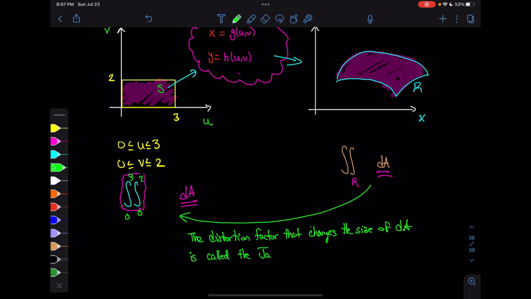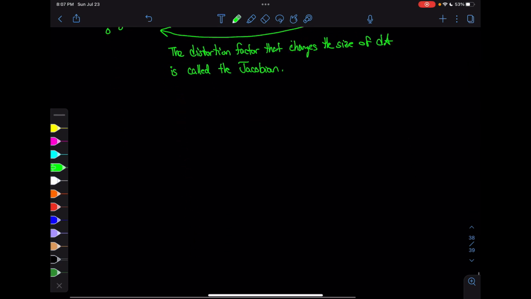It's called the Jacobian. And you're like, wow, have I ever seen this before? Absolutely you have. Let me show you the different ways you've seen it.